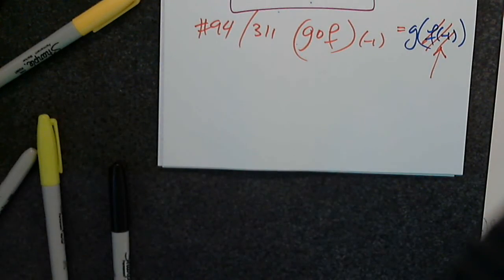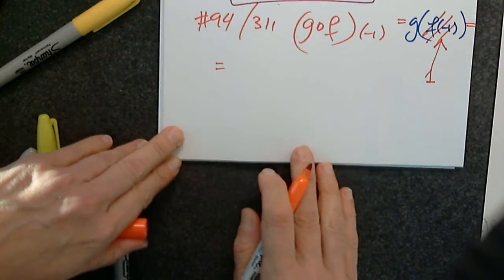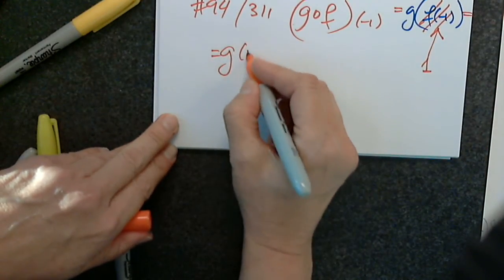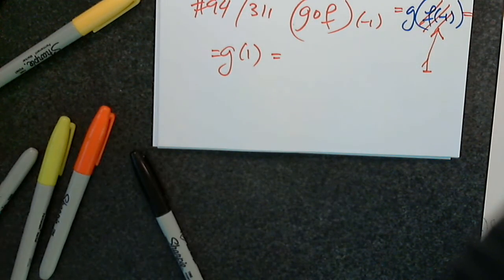So here it is. Can anyone give us f of -1? Very good. Do we all see f of -1 is 1? It's kind of hard to see. So it's right here. So it is 1. Then what am I asked to find? G of 1. Now I look at the purple graph, and I determine g of 1.